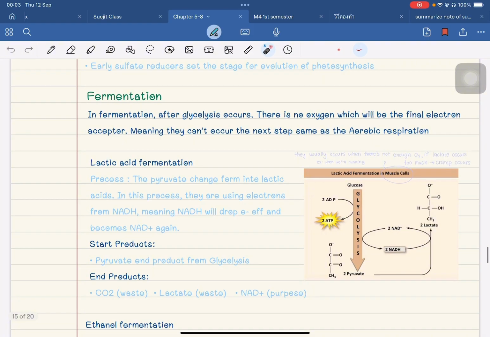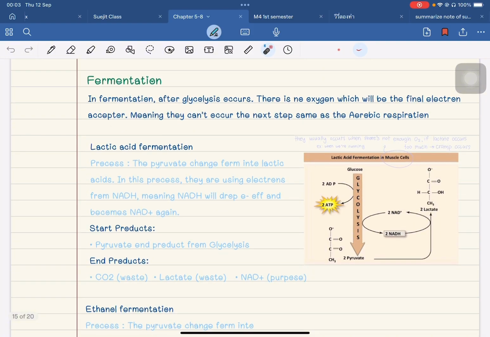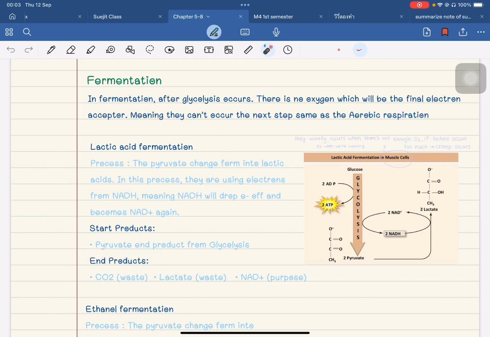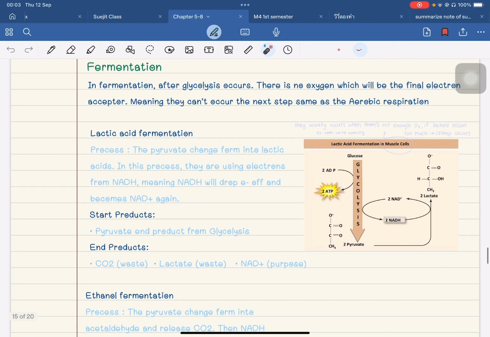Instead, there are two types, two ways that they can do fermentation. The first one is lactic acid fermentation, in which the pyruvate changes into lactic acid.